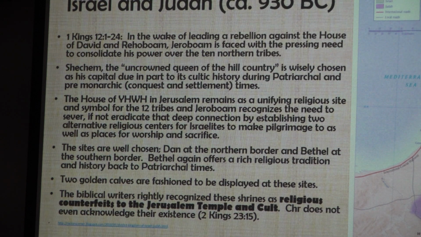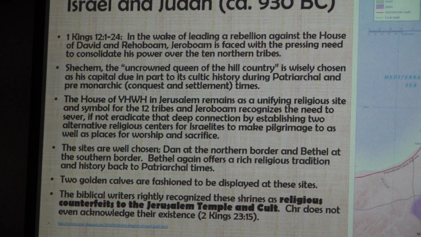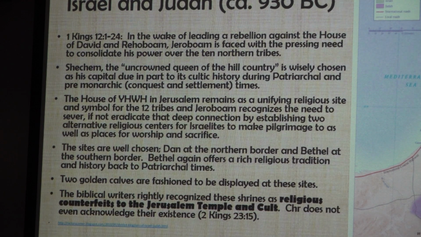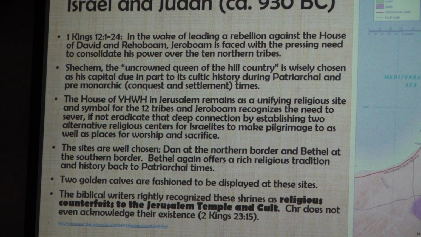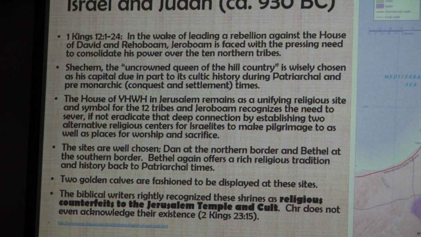So Jeroboam had to create an alternative site to break this connection between Jerusalem and his kingdom. So he developed not one religious site, but 2. One at Dan in the very far north of the kingdom, and one at Bethel, the very southern part of the kingdom. And Bethel, of course, was an excellent choice because of its religious history, its name, and the fact that it was a cultic center.